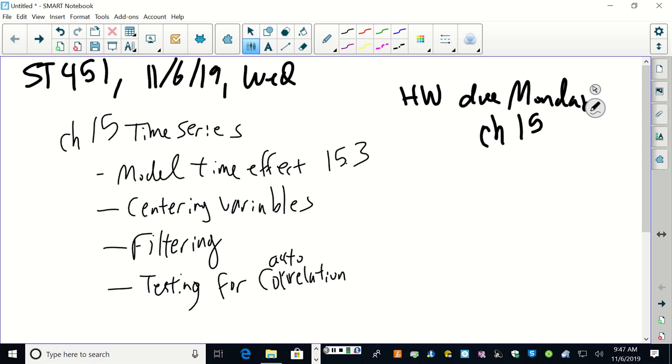And there's a way to do something called filtering on the variables to take out some of the effect of a first order autocorrelation and then test for effects without that impact. We'll also look at a couple quick ways to test whether there's a correlation or not.